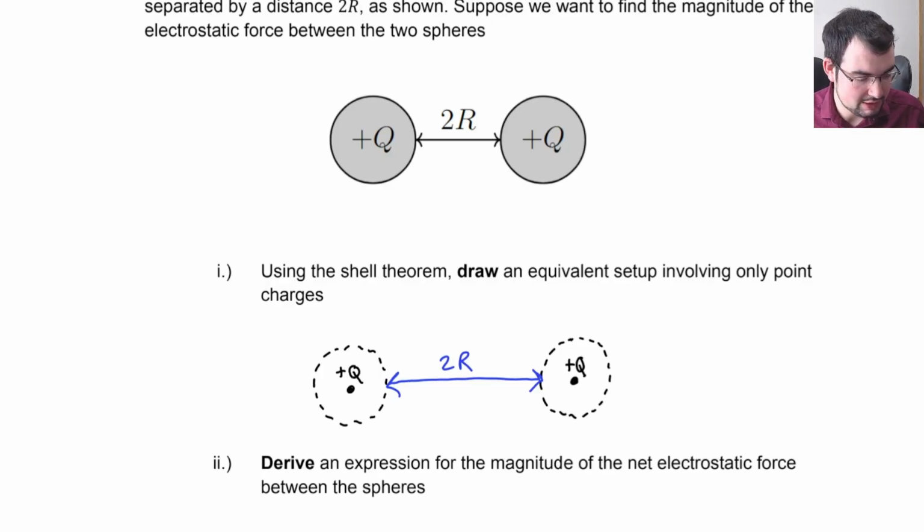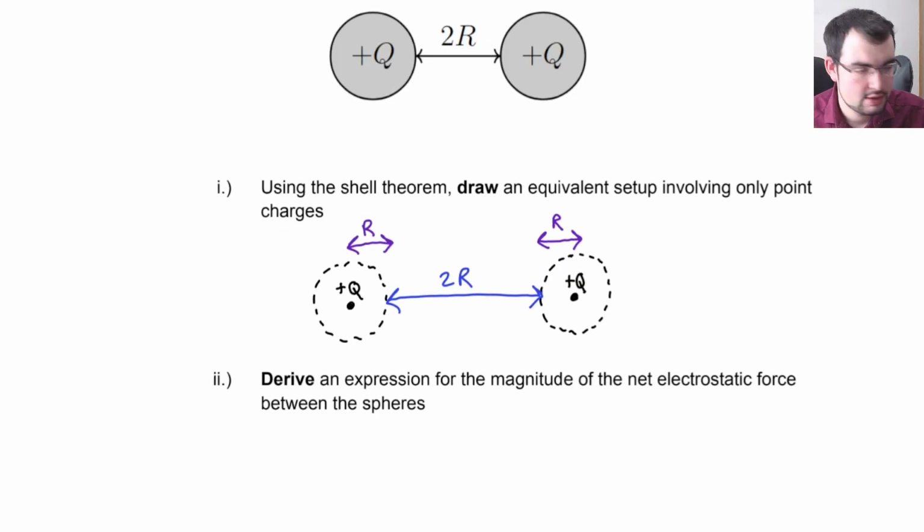Because we just shrunk them down to point charges. So this extra space does exist, and that is going to be important. We shrunk down the sphere, so that means there's a radius of the sphere here that gets tacked on, and there's a radius of the sphere here that gets tacked on. So this will be helpful for later to note that the distance between the spheres is now 4r.